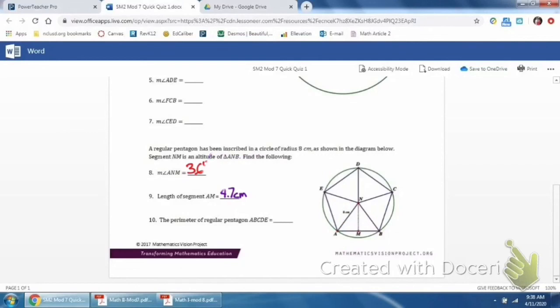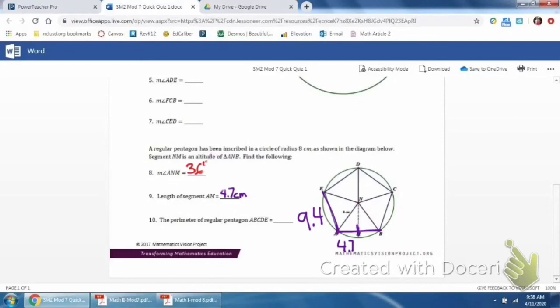Now the last one, they want us to find the perimeter of the pentagon. If we can just figure out the length of one of these sides, we just multiply it by 5 and we're done. Remember, we knew that AM is 4.7, so half the distance is 4.7. That means the full distance is going to be 9.4 if we multiply that by 2.